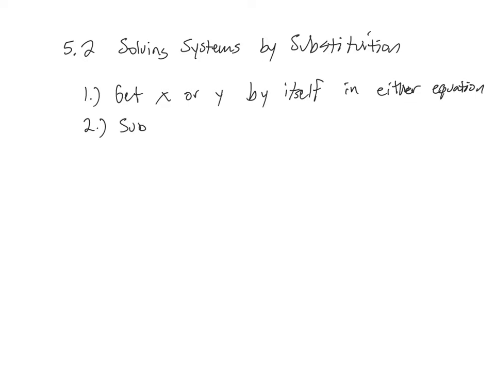Then we are going to substitute into the other equation and solve for x or solve for y. It depends on the problem. So at the end of step 2, you should have x equals 4, y equals 6, whatever.